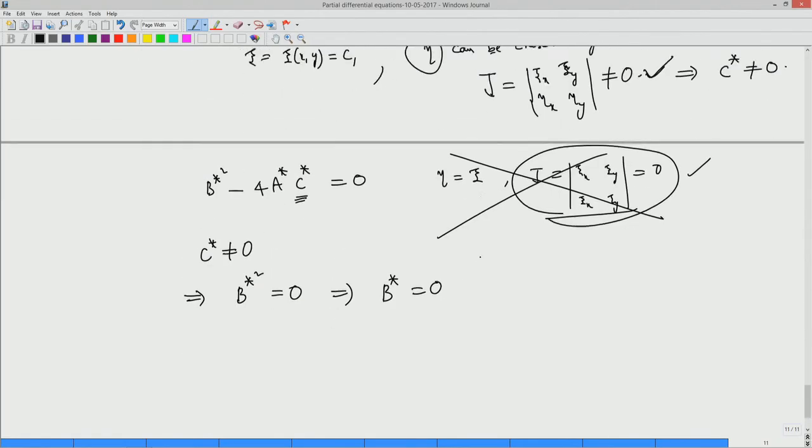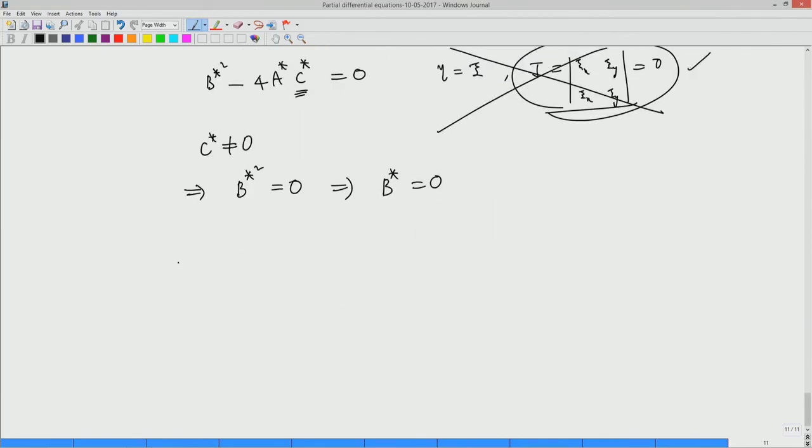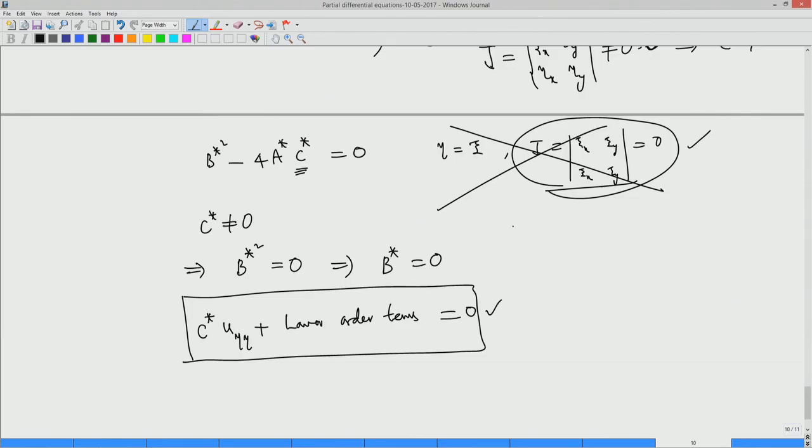So the final equation becomes A star is 0, B star is 0, so you have C star, which is non-zero, U eta eta plus lower order terms equal to 0. So if the discriminant is 0, we can see that B star is 0. In this case C star is non-zero.